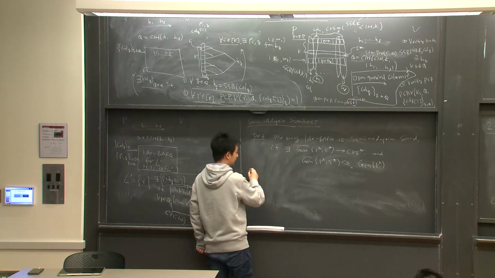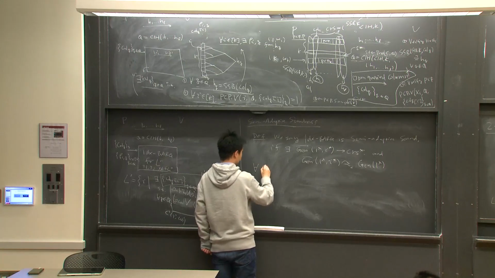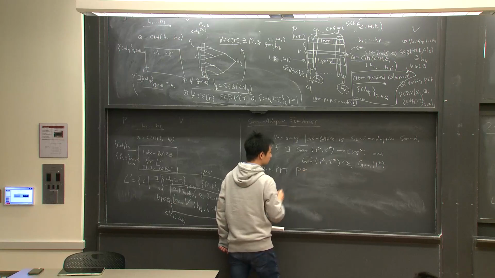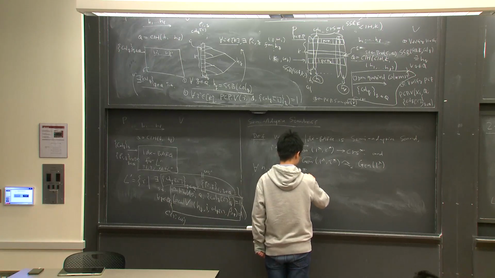And furthermore, for each non-uniform PPT adversary, cheating prover P star, we need to have the following property.